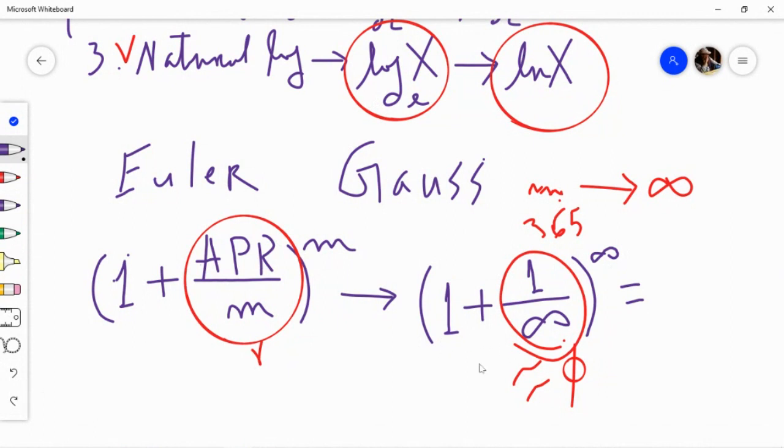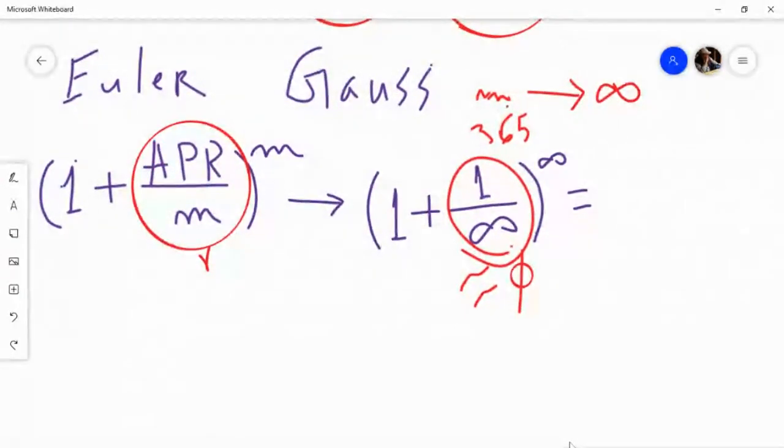The thing is, let's think about it. If this 1 over infinity were just 0, but it's not really 0, then the whole thing in the parenthesis will be just 1, and no matter what, it will always be 1. You raise 1 to infinity, still 1. It's 1 times 1 times 1, infinitely many times, still 1.